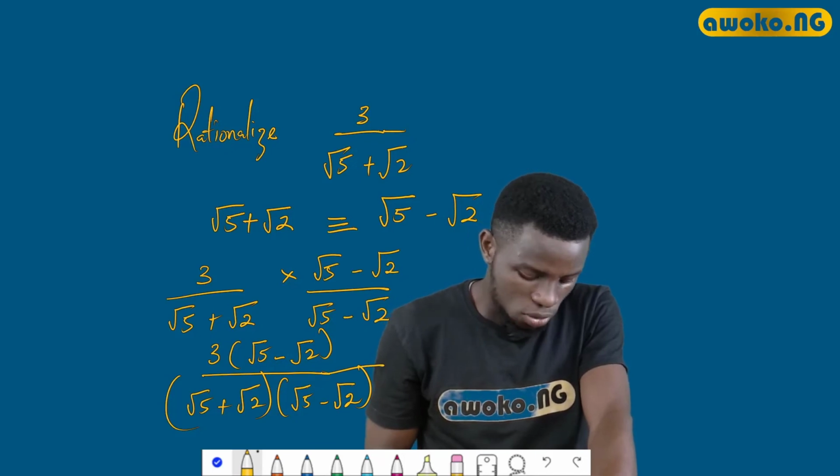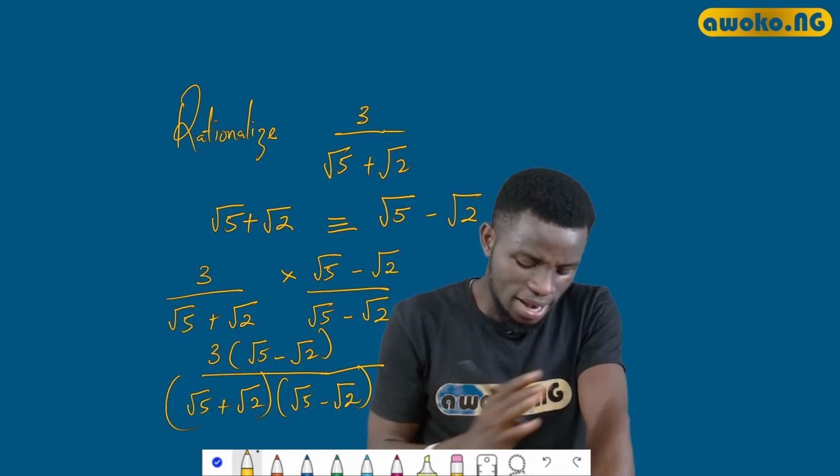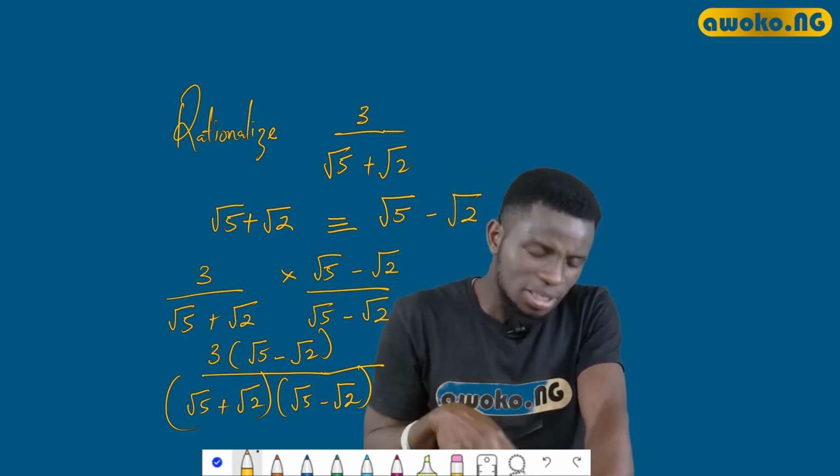Remember, the reason why we are doing all this is so that we will remove any irrational part from the denominator.